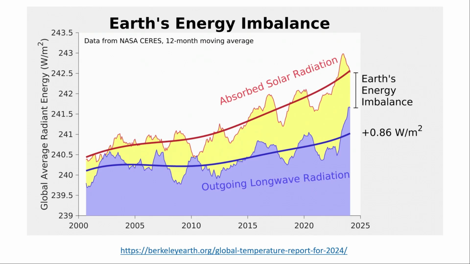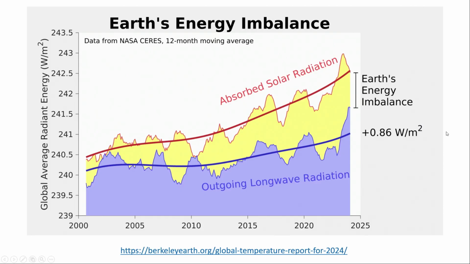And then I have this graph, which is from much more recent times, but this is talking about something that we mentioned earlier, and we'll be talking about quite a bit more in the next video, which is the fact that the energy coming in, represented by this yellow graph here, is greater than the energy going out, represented by this purple graph here. And so we can see this is the difference right here in the energy coming in compared to the energy going out. And this one has this radiative forcing at about 0.86 watts per square meter.